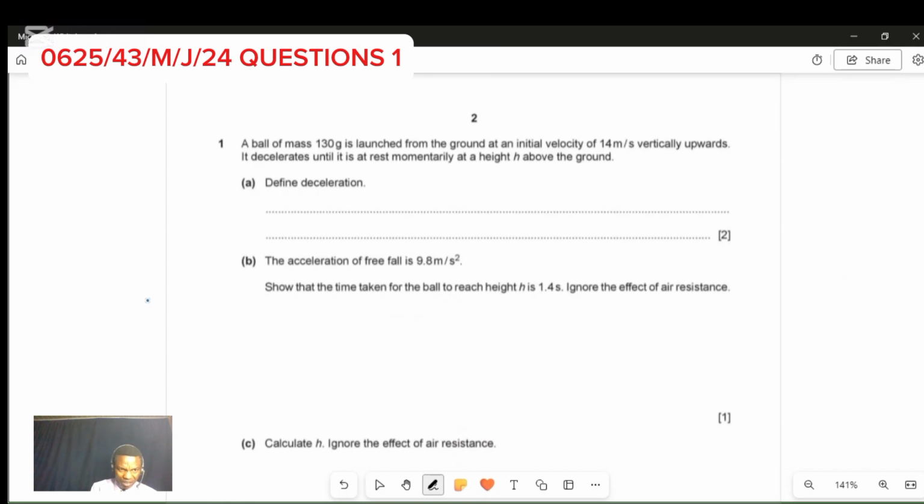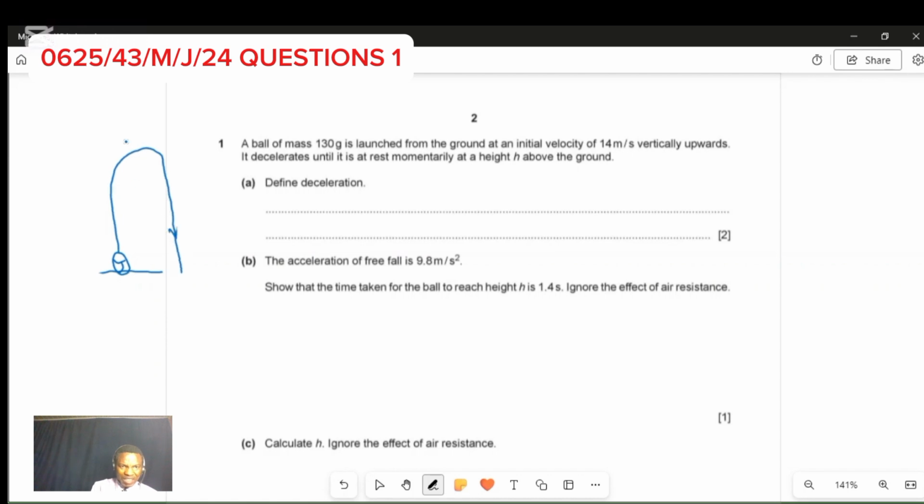So what we are actually looking at is a ball thrown upward. You have a ball here, and the ball is projected upward. It gets to the maximum height, and then it will fall back again.